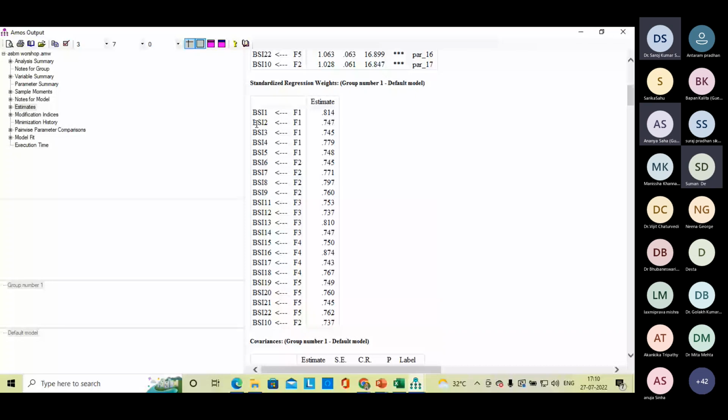Lambda value of BSI 3 is 0.745; you can take it as 0.75. So 1 minus 0.841, 1 minus 0.75, 1 minus 0.75. Likewise, you can calculate the error values. Clear? Yes, sir.